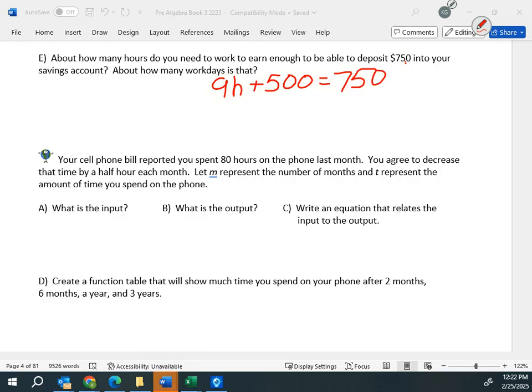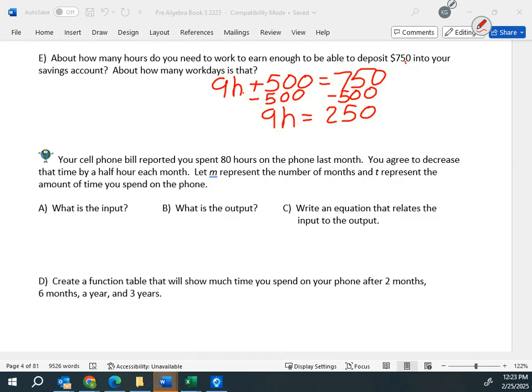So we want to solve for the hours. How many hours do we need to work? So if I'm solving, I want to get hours on one side by itself. So I need to do opposite operations to move everything to the other side of the equal sign. So doing that, I'm subtracting that 500. So I have 9H equals 250.